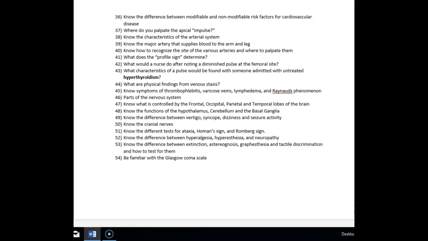It's in the fourth or the fifth intercostal space at the mid-clavicular line. That's where you should be palpating.